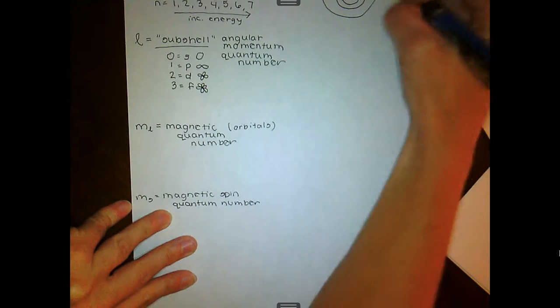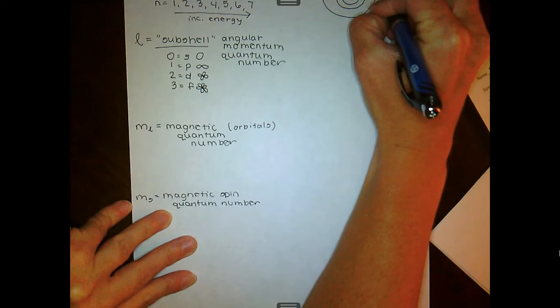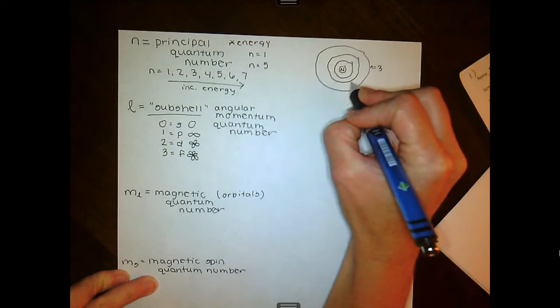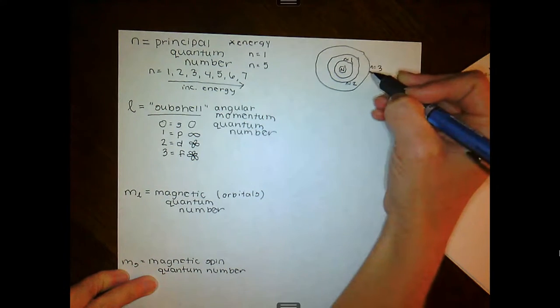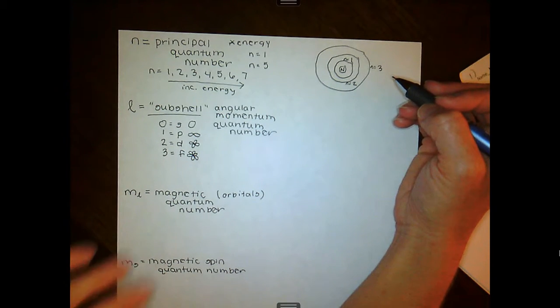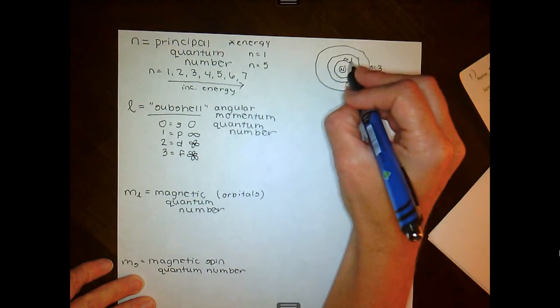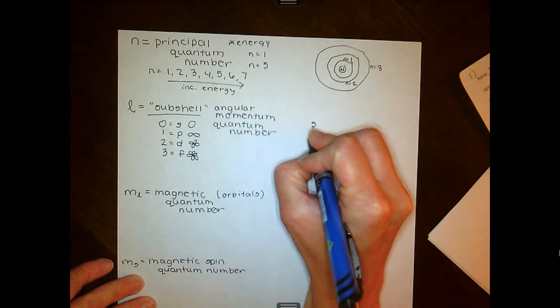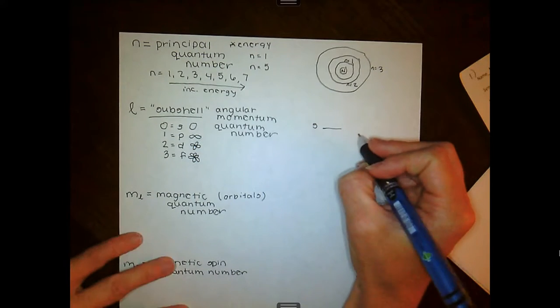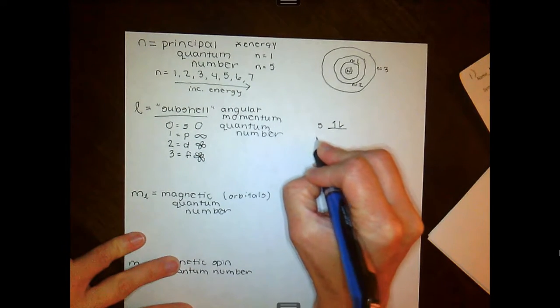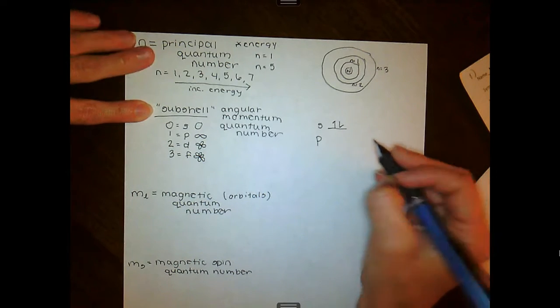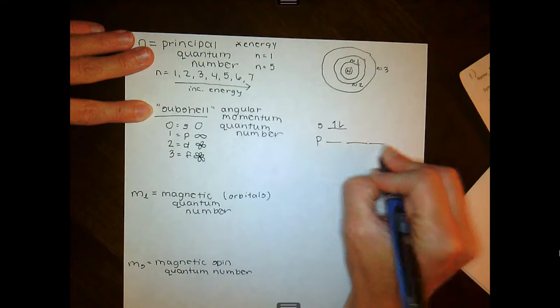Here is the energy level, n equals 3, n equals 2, and n equals 1. Within each one of those energy levels, you have sublevels. So for example, the first sublevel, S, has one orbital that can hold 2 electrons. The P sublevel or subshell has 3 orbitals.